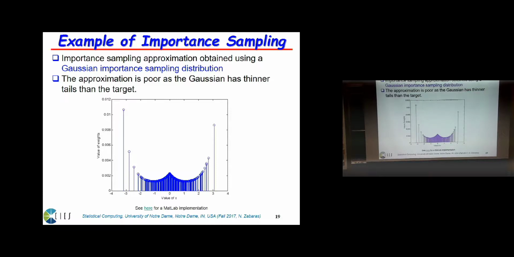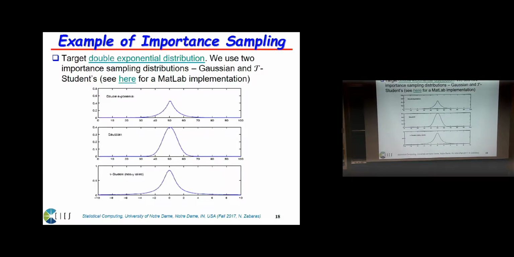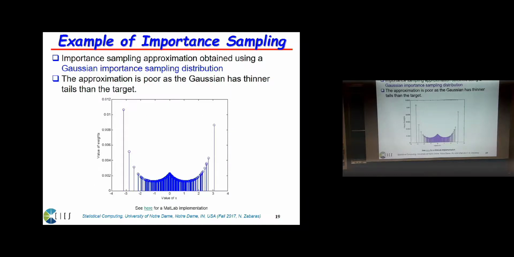Does this look like a double exponential distribution? Unless the student who wrote this program did something wrong, this doesn't seem to work. So Gaussian will not do the job.